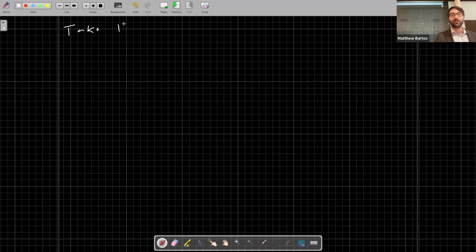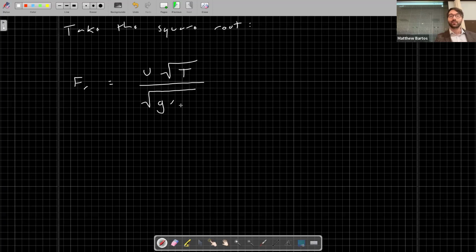So if we take the square root of our previous expression, we get velocity times the square root of the top width divided by the square root of acceleration due to gravity times the cross-sectional area.